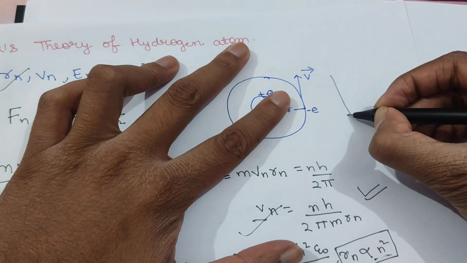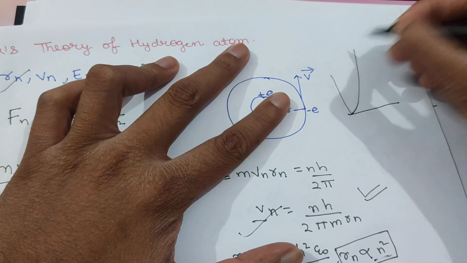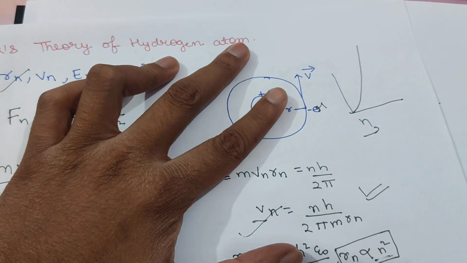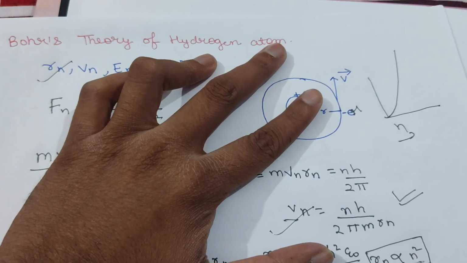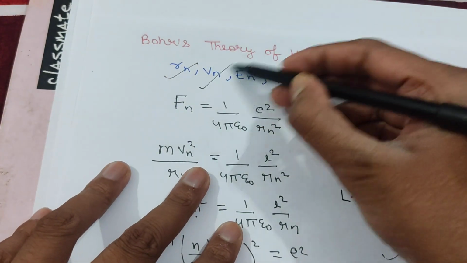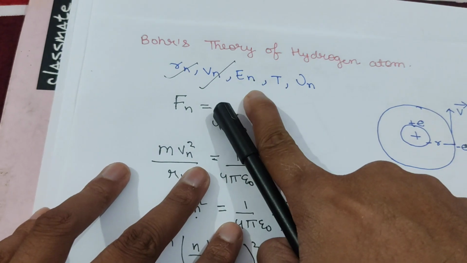The graph is like this, and this is n and here is R. So this is all about it, we have already found Rn and Vn. Now we'll find the En.